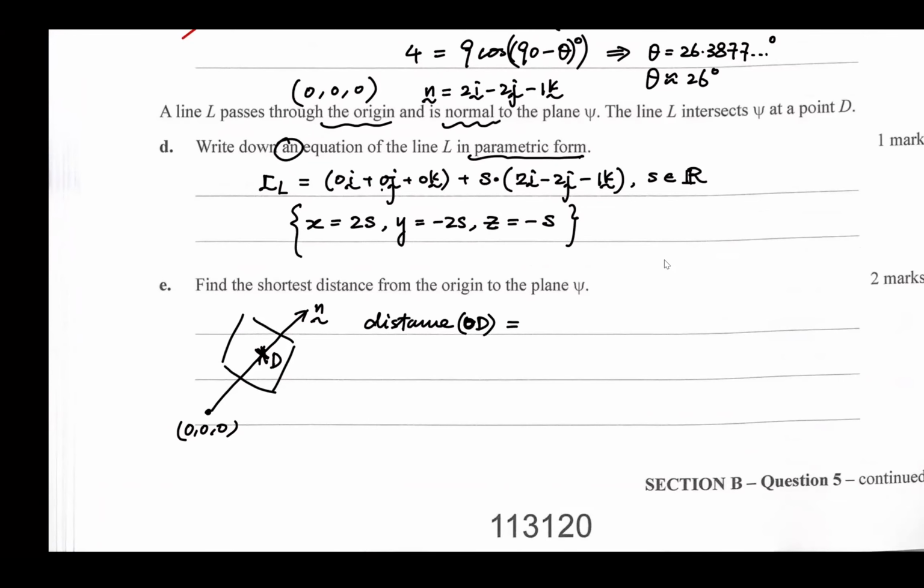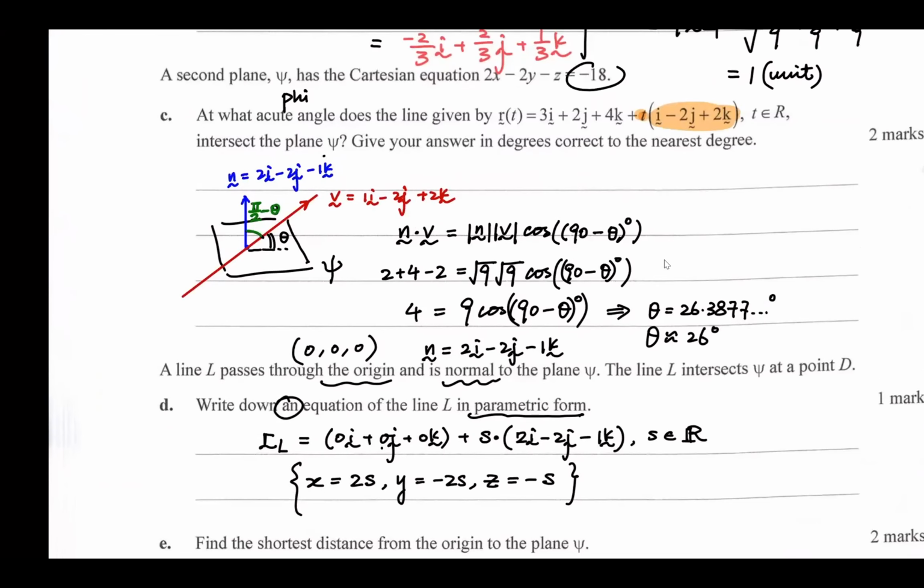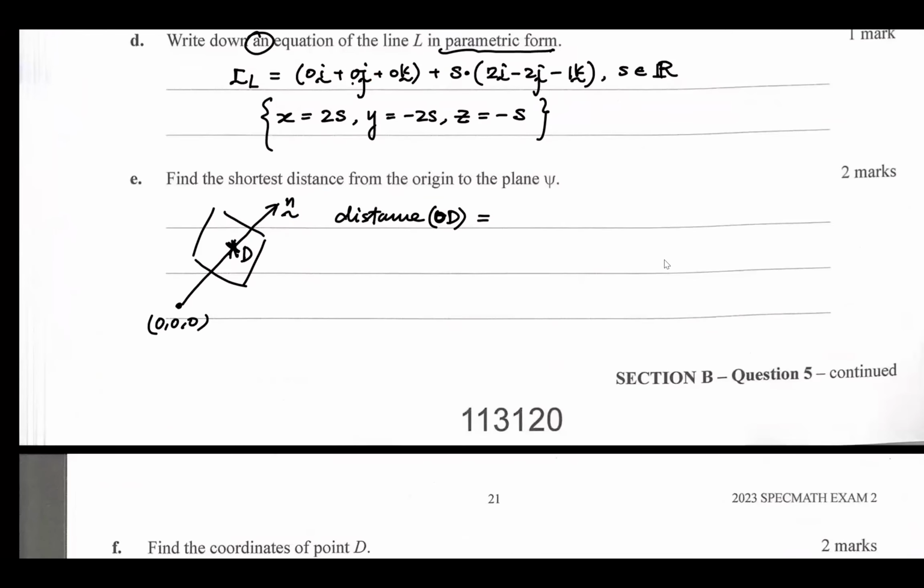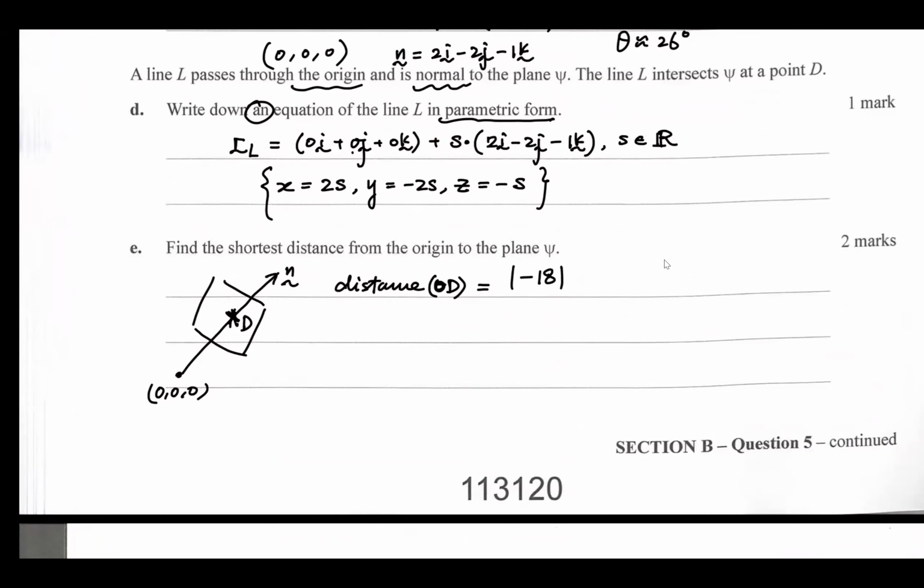OD equals this constant, take the magnitude, divided by square root of 2 squared plus minus 2 squared plus minus 1 squared, okay? This is a handy formula from the Cambridge textbook. Well, the Jacaranda textbook has a similar formula. And then you will get plus 18 divided by 3, which is 6 units.